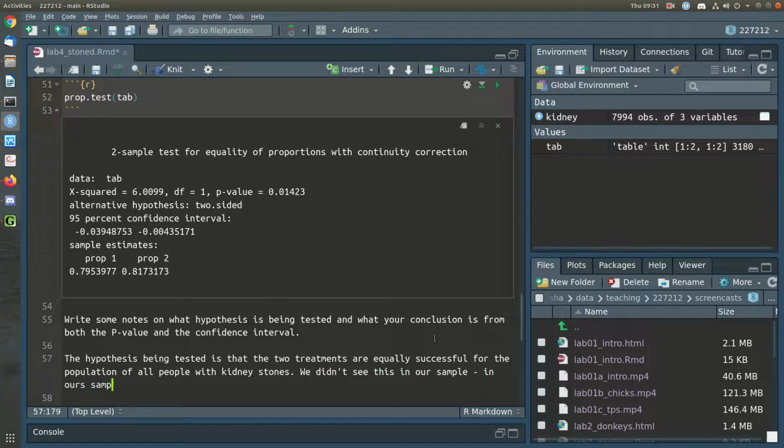In our sample, treatment B was better than treatment A by about 2.2%, that's just the difference between 79.5% and 81.7%.